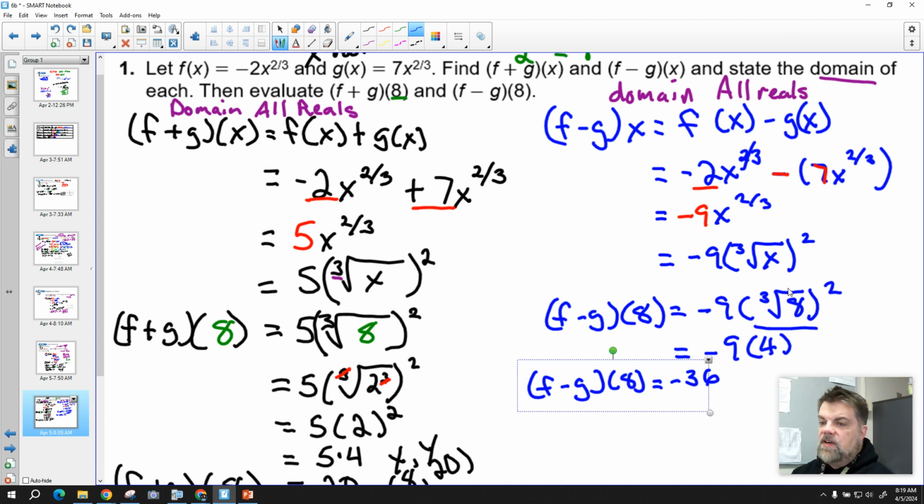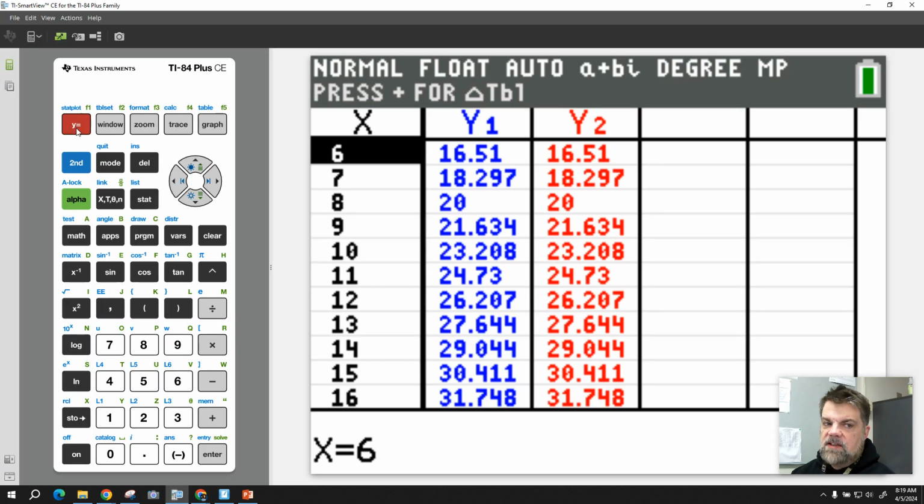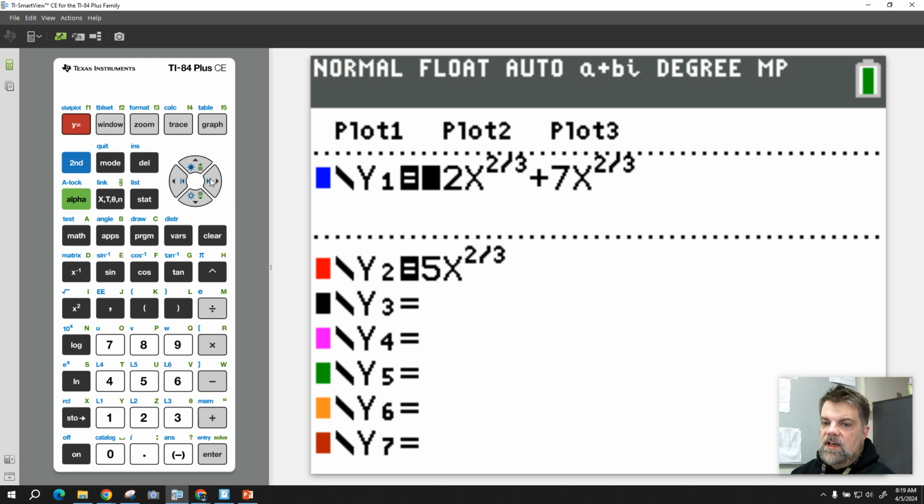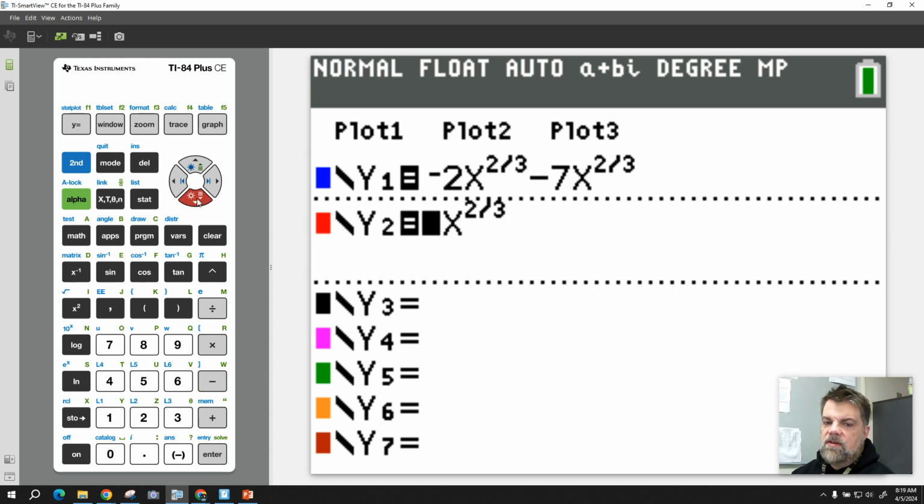How do I verify that? Well, I just go back to my calculator, and we're going to do something like this. I'm just going to go back to y equals, and I'm going to change this to minus 7x to the 2/3. And then down here, this becomes negative 9.